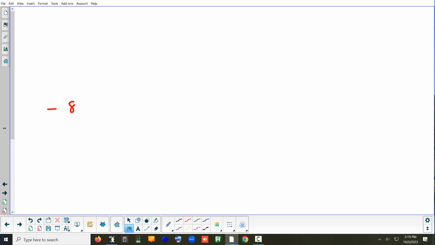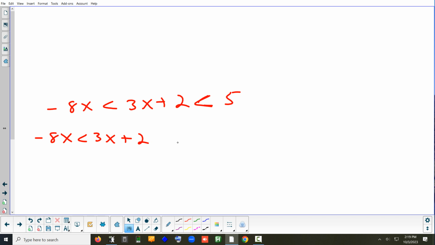So if you had something like this, -8x is less than 3x plus 2, which is less than 5. There's no way you're ever going to get that 3x alone in the middle. You're not going to be able to get rid of the 3 and the 2. So what you have to do is take and write this part first. So the first thing you're going to do is solve that, and then solve this.